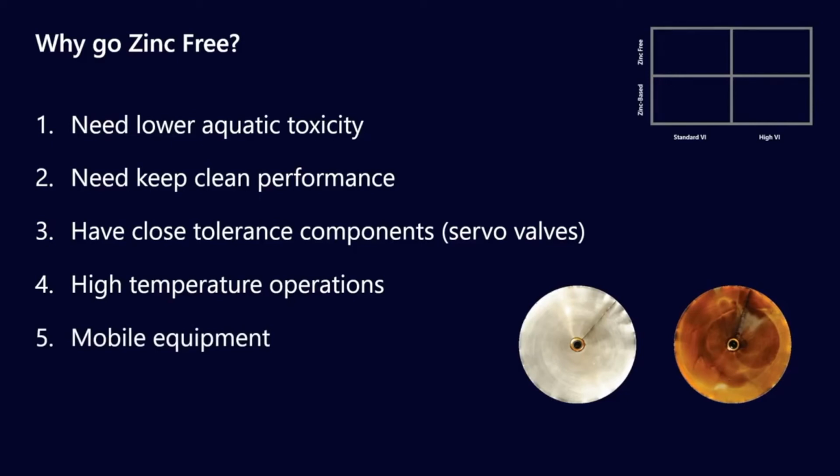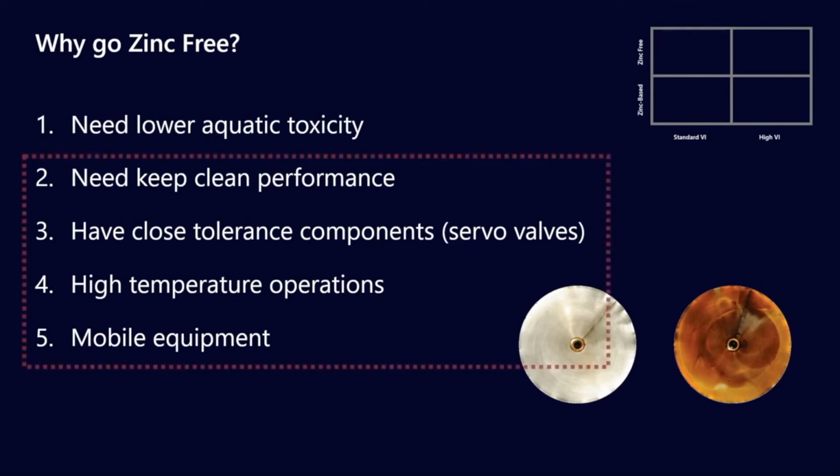So zinc-free is often a recommendation when we go to mobile equipment, simply because a lot of the mobile equipment OEMs are putting more power through smaller hydraulic packs. As a consequence of that, you're getting higher temperature, and therefore it drives a need to go to a zinc-free package. So really those last 4 points are kind of linked. Mobile equipment is going to mean higher temperature, close tolerance components, and a need to keep the system clean.